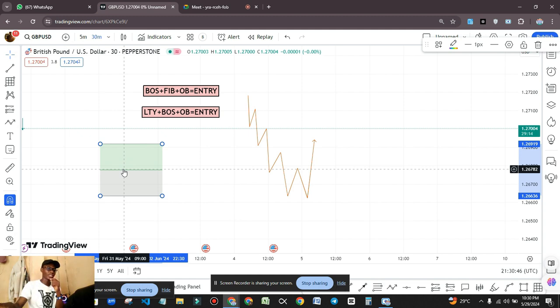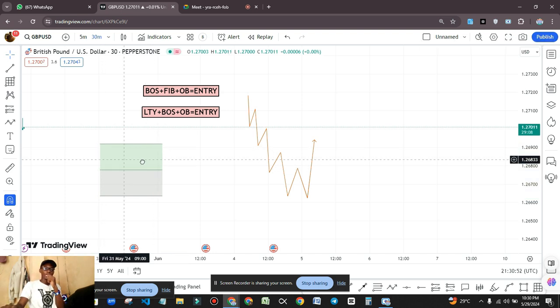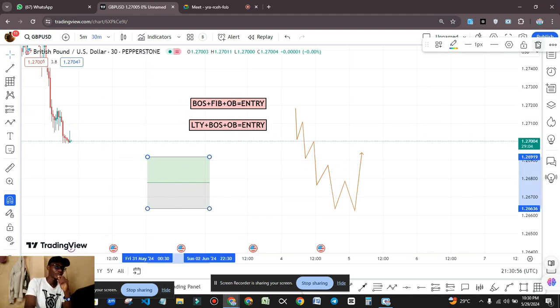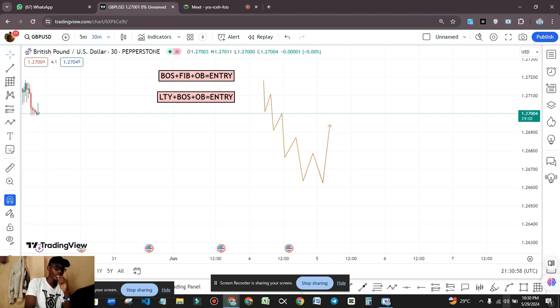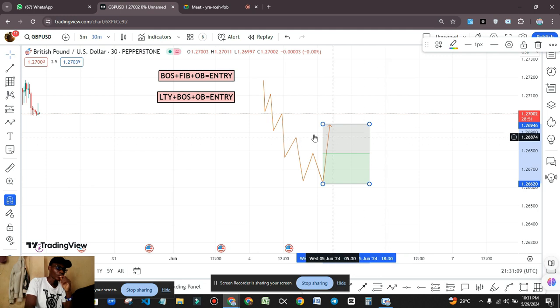You understand? So for example, let me say I use this Gann now. The market starts from here, and this is where the high stops. Because we are looking for entry, any entry level we see here, we are not going to take it because this area represents high prices.